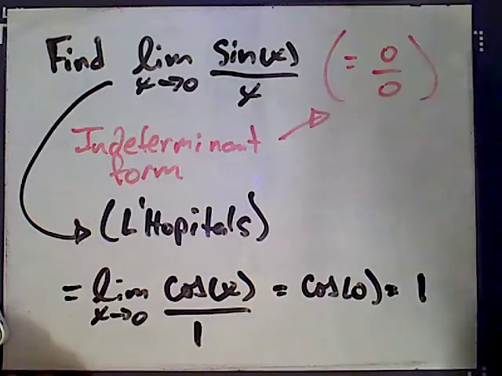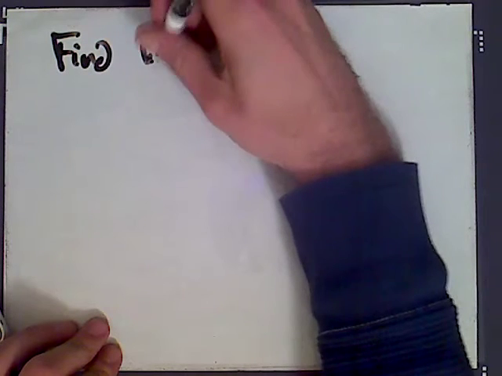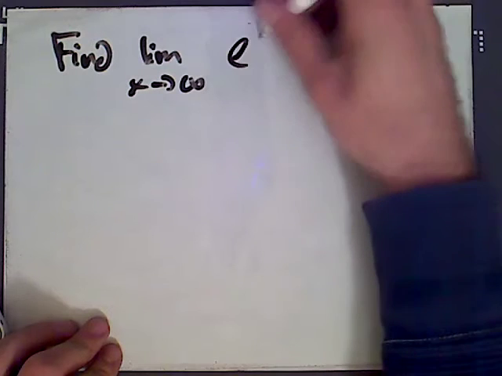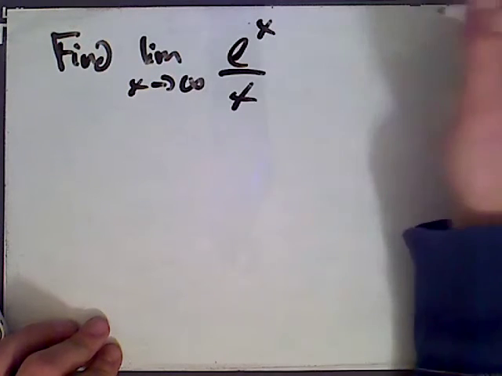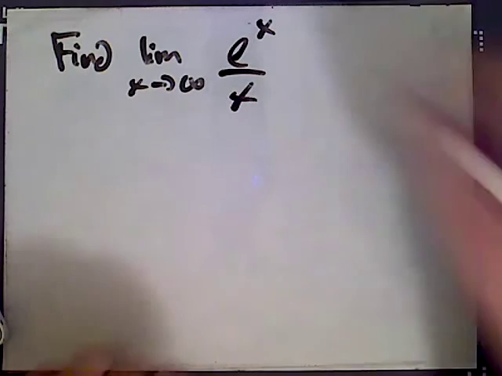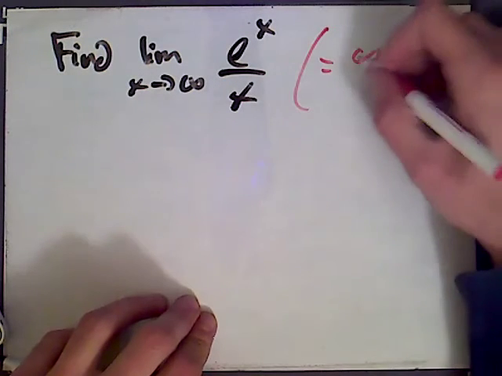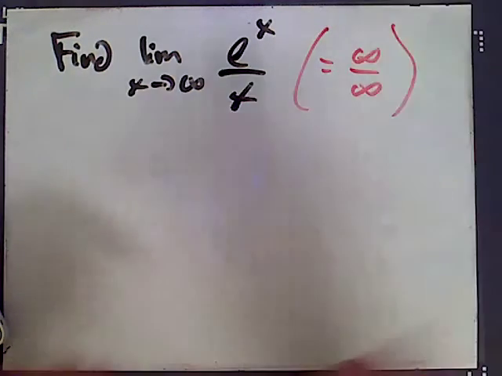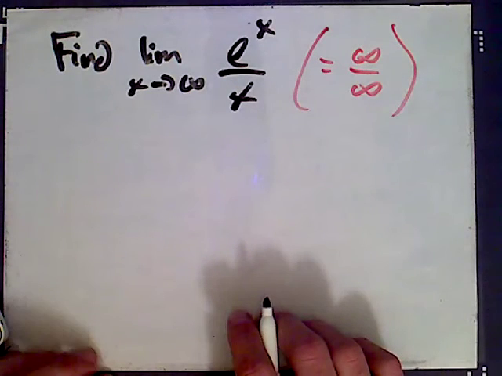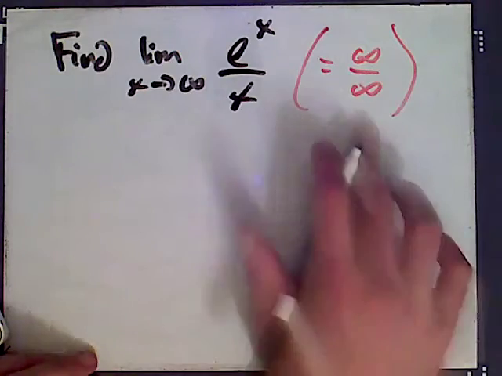Okay, and what about our second example? Find the limit as x goes to infinity of e to the x divided by x. Okay, so again, we get the indeterminate form here, infinity over infinity. So L'Hopital's rule applies. The limit of the function on the top equals infinity, and the limit of the function on the bottom is also infinity.